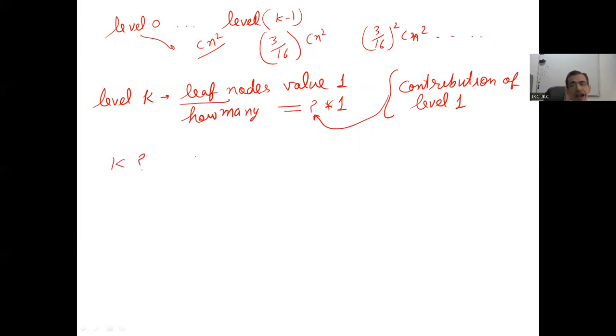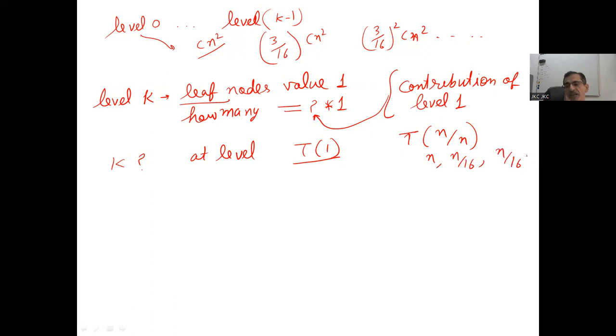I want at level k, we got T of 1. T of 1 means effectively it became T of n by n, and this was shrinking as n, then n by 16, then n by 16 square. So at level 0 we had T of n by 16 raised to 0.